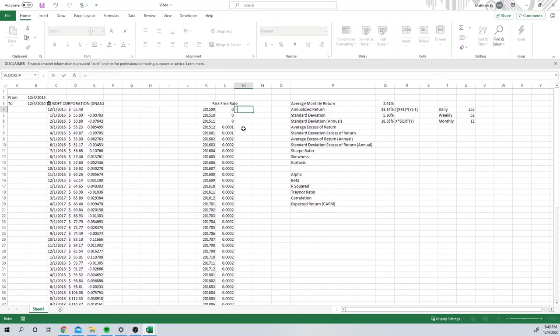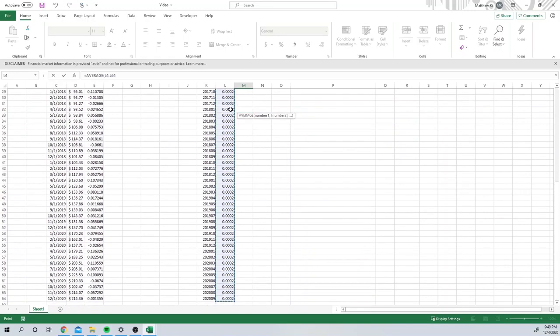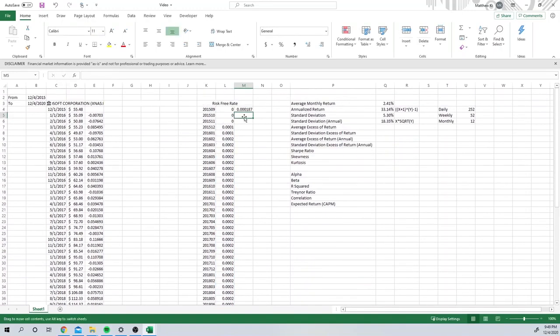And I'm actually going to calculate, for the future calculations, the average of this and the annualized average of this. So this plus 1, to the power of 12, minus 1.